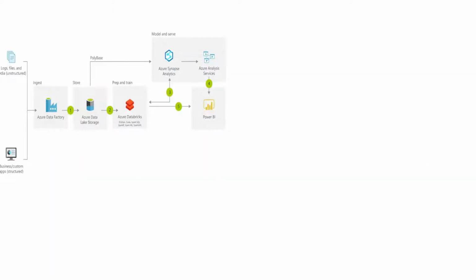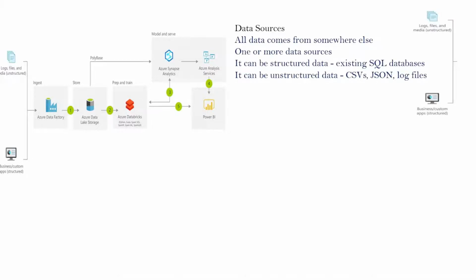So let's go one by one and try understanding these segments. As we talked, data sources. First we have the data sources part, I'm talking about this area. Here we have talked a lot about the data sources. Here we will simply say it is the data which comes from somewhere else, including blob files, data in text format, CSV, JSON, log files, application files.